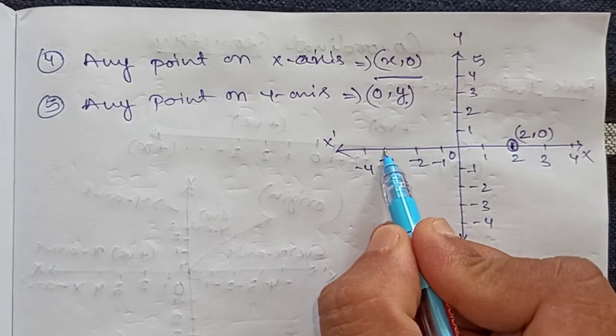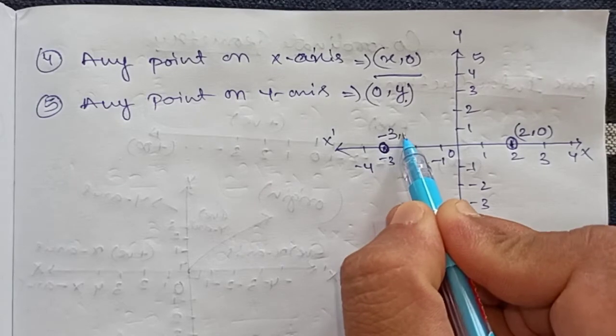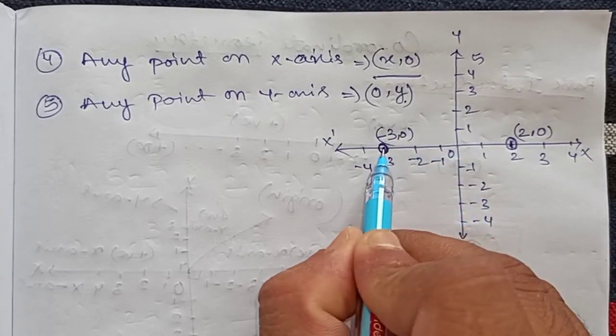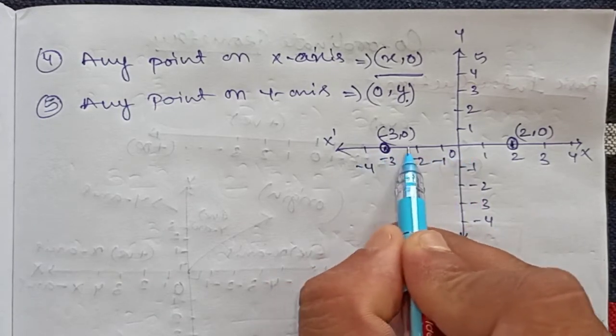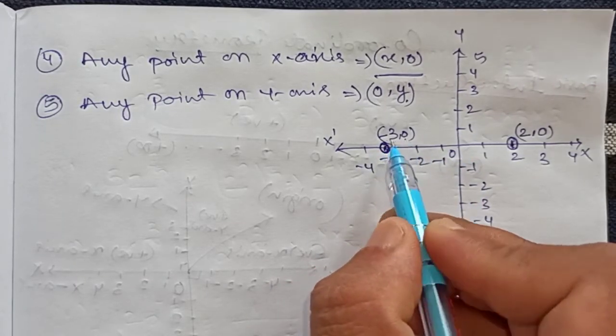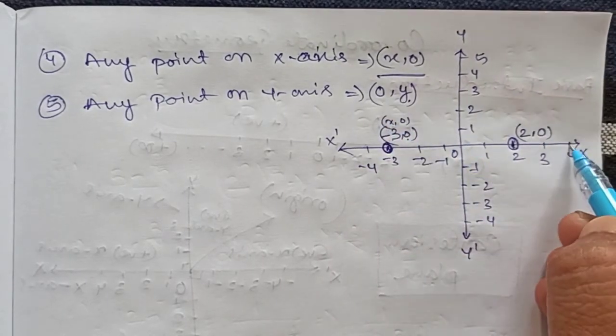Similarly, suppose I mark this point, the coordinate of this point will be -3, 0. Why -3, 0? Up to this it is -3 and there is no point of y. So this coordinate is taken as -3, 0. That is x, 0. Okay, suppose I mark this point.